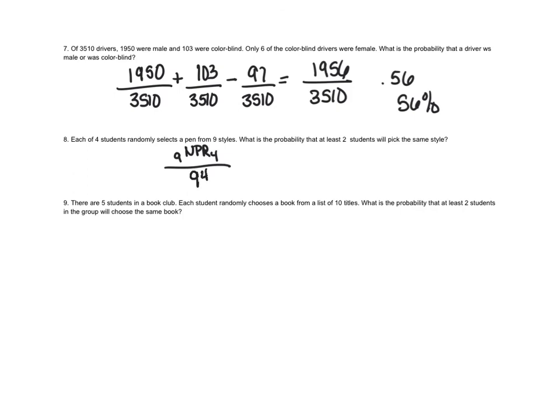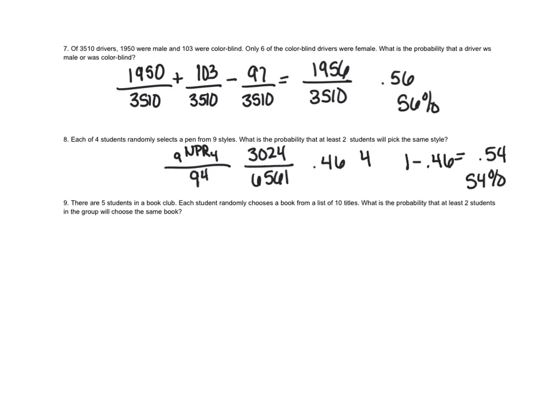On my graphing calculator, 9 nPr 4, the top number is 3024 over 9 to the 4th power, which is 6561. So 3024 divided by 6561 is 0.46. Now we're going to do 1 minus 0.46, and we get 0.54. So a 54% chance.